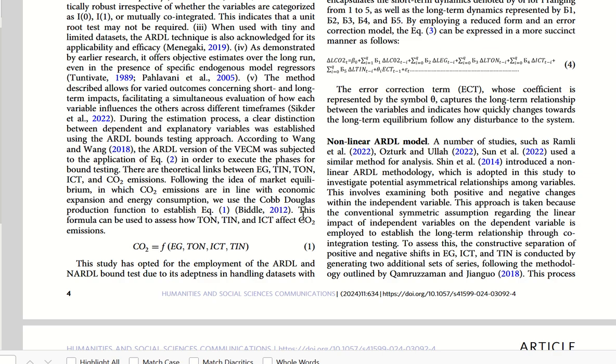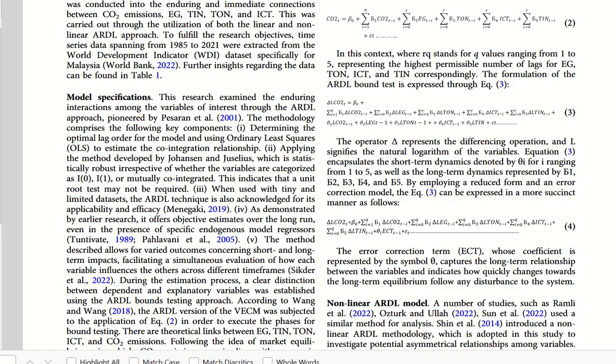So the Cobb-Douglas production function is this one. This equation simply says CO2 emission is dependent on economic growth, trade openness, ICT, and innovation. Now the sixth step is the ARDL model and error correction term.